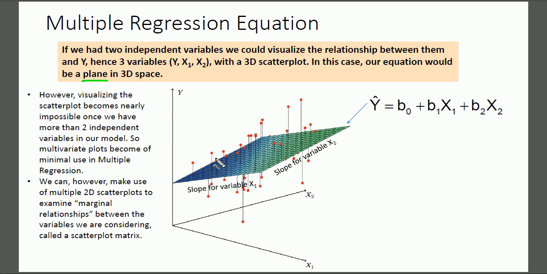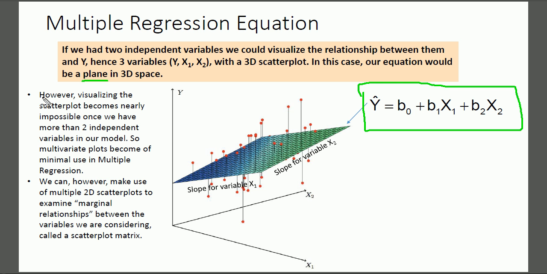So that is our equation here. So that would be the multiple regression equation with this example. Okay, it's trying to best fit those points. In other words, it's trying to get as close as possible to all these points, just like we tried to get the line as close as possible to all the points when we were doing simple linear regression, except now it's not a line anymore, it's a plane.